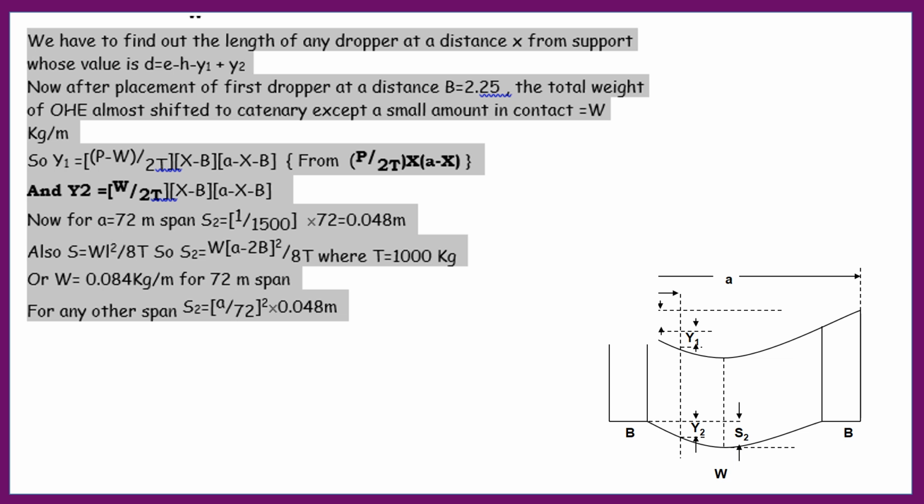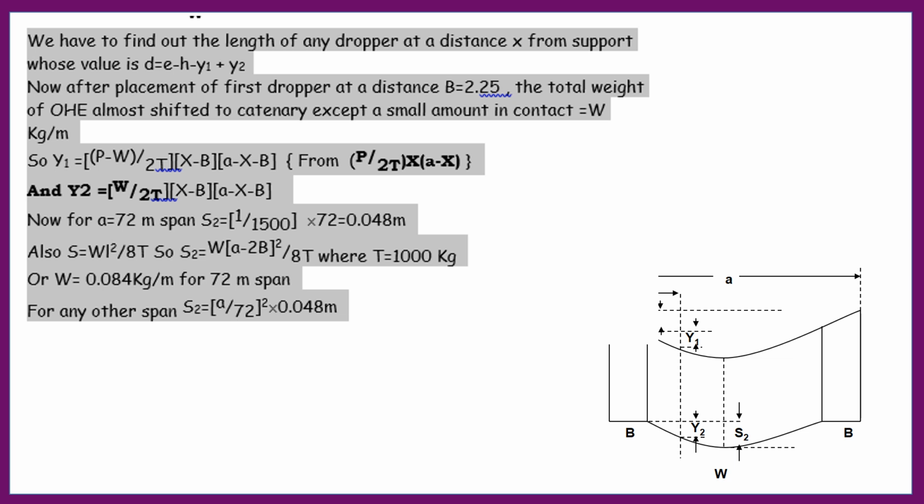The first is the 2.25 meter distance, which is H, but Y1 is at X distance. The catenary stagger is Y1 after H. And the next contact wire will sag after the first wire. The remaining sag is Y2. So the length of the dropper is E minus H minus Y1 plus Y2.